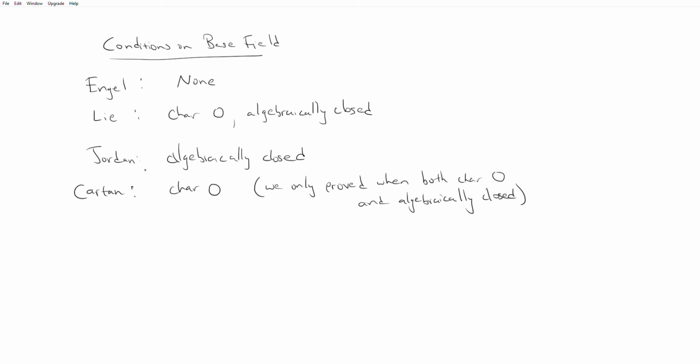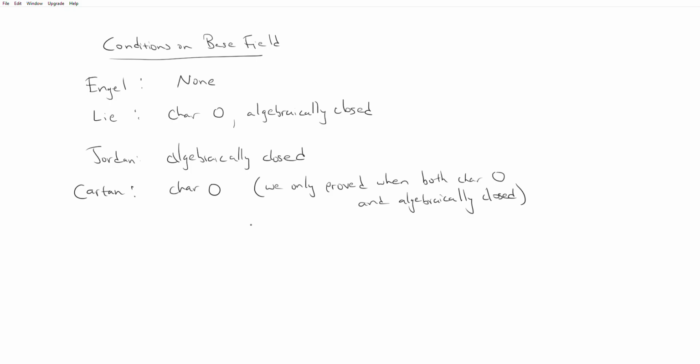And lastly, for Cartan's criterion, although we proved it needing both characteristic 0 and algebraic closure, we only actually need characteristic 0. I think I linked to some notes that showed how you could actually do this by looking at the field extension, the algebraic closure, and working with that.